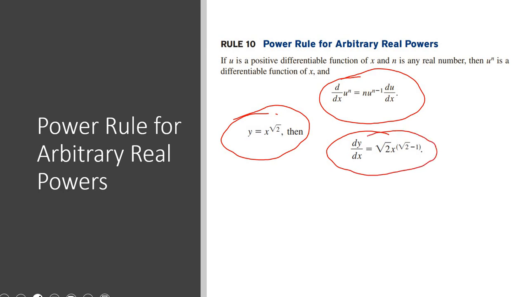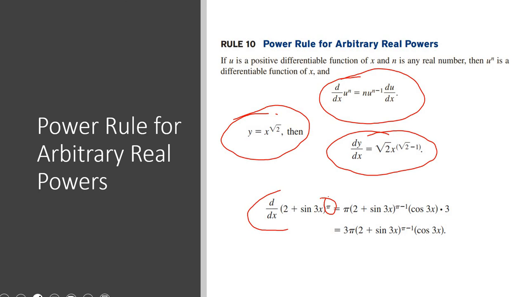We can use our same power rule that we used before for any real numbers as long as u is a positive differentiable function of x, and n has to be a real number. So in short, this basically broadens the power rule to include exponents that are also square roots. Or, for example, if we had this composite function down here, where our exponent is pi, it still applies.